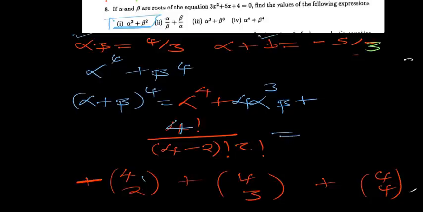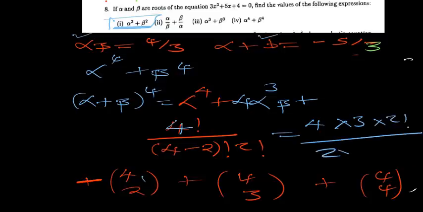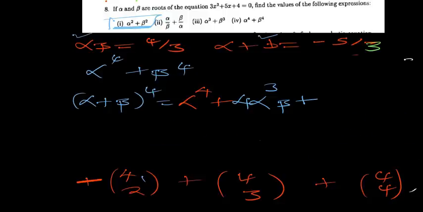So 4 factorial will just remain as 4 times 3 times 2 factorial, over 2 times 1 and then 2 factorial. So that can disappear. 2 into 4 is 2, times 3 is 6. So we have a 6.